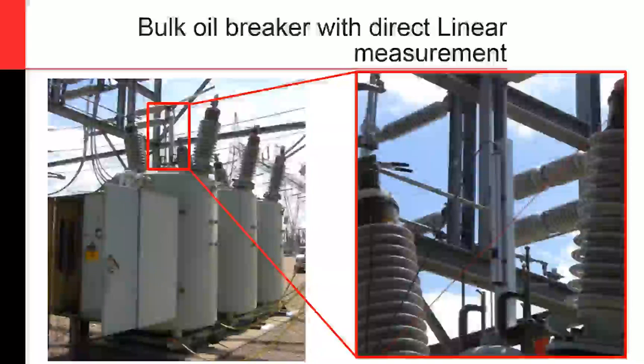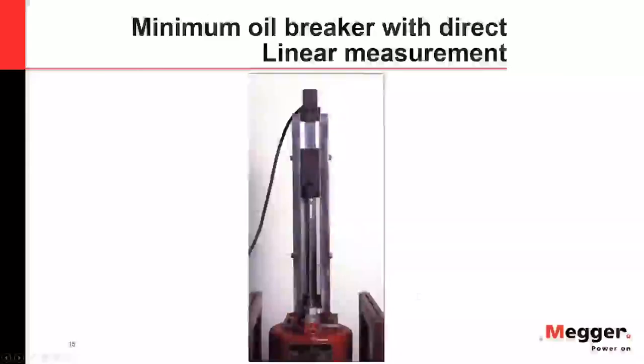As the interrupter of the oil circuit breaker travels up and down, it drives the transducer up and down, and you're getting a one-to-one movement. Whatever the interrupter moves, your transducer is going to move. So as long as the transducer is calibrated, you're going to get the right value. That's your bulk oil circuit breaker.